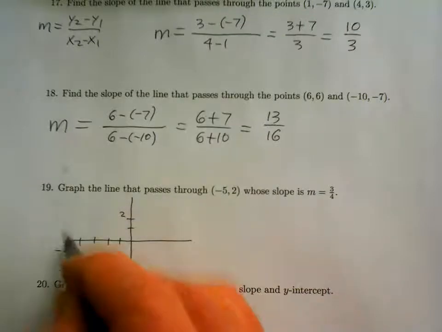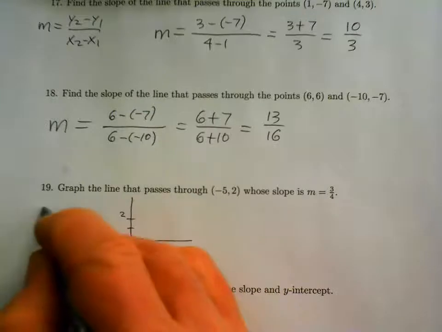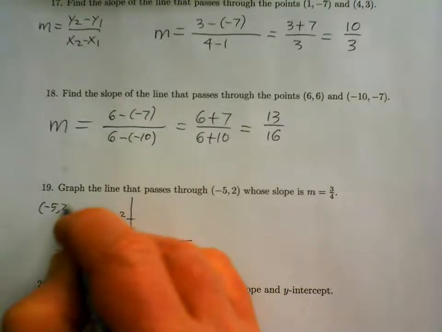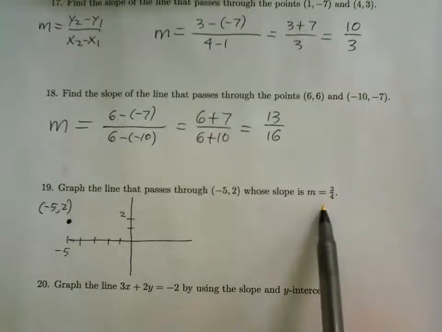And then label it negative 5, 2. And then use the slope 3/4 to find another point.